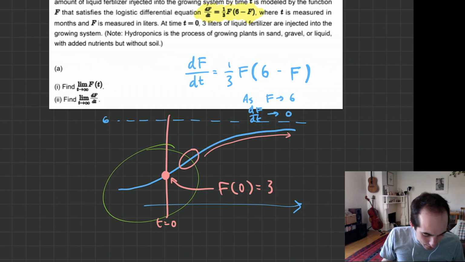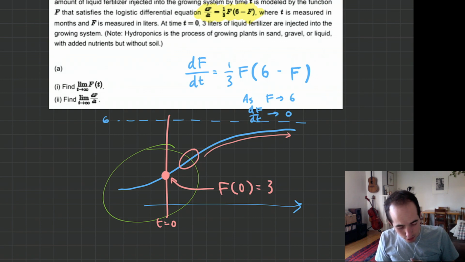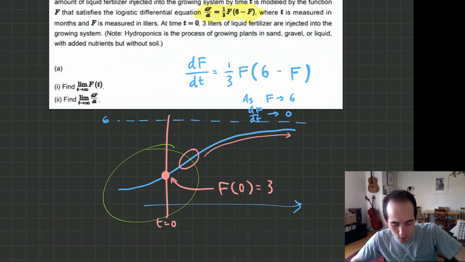The first question is saying, find the limit as t approaches infinity of f of t. And if you didn't know anything about the logistic equation, you'll struggle with this, right? Because it doesn't seem obvious what the limit is. We're not told a whole lot about what f is. And we have seen that you can solve for f.